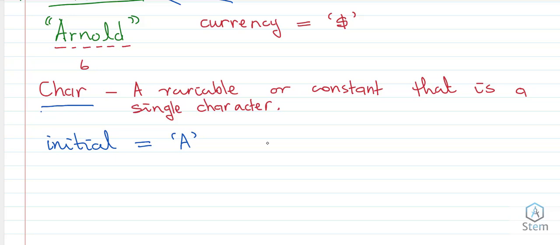All right. So when you are storing single characters, you store them in a variable of data type char. So think of situations where you would use the character data type.